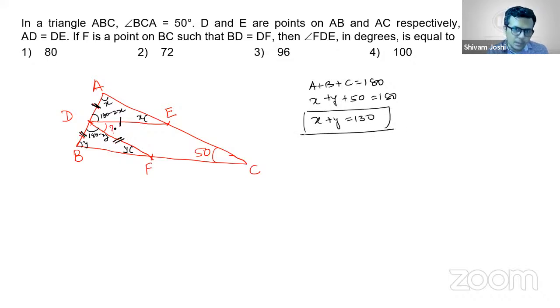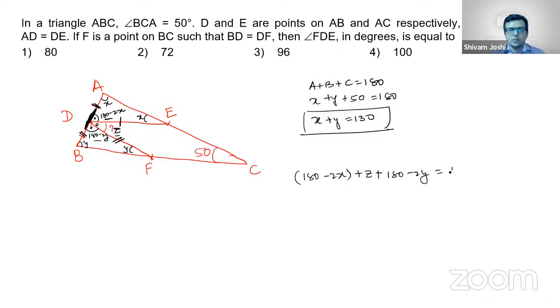Now after that, you can take this missing angle as Z, and you can see that they all are on the same straight line, isn't it? These three angles, 1, 2, 3, are on the same straight line. So their summation is going to be 180. So 180 minus 2x, this is the first angle over here. This is the second angle, which is Z. The third one is 180 minus 2y.